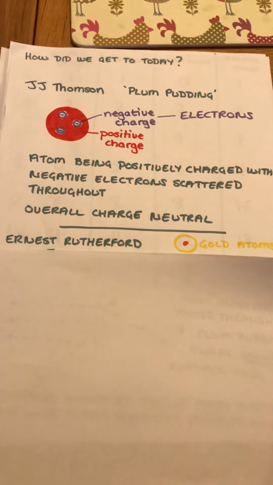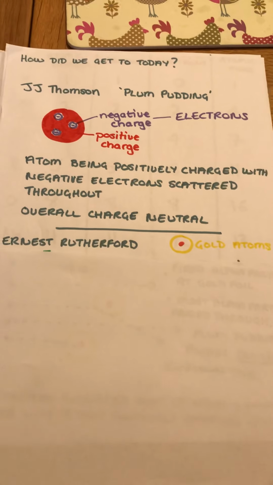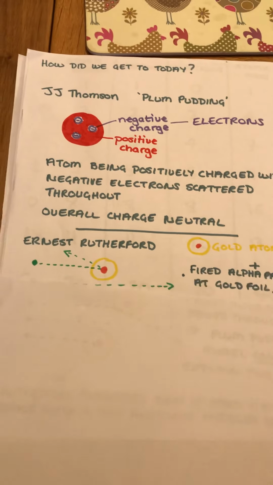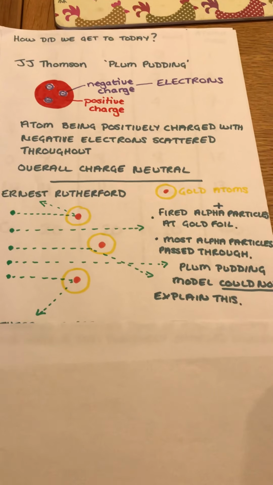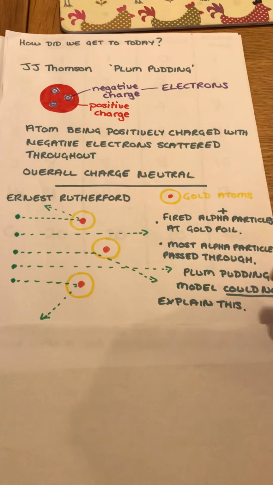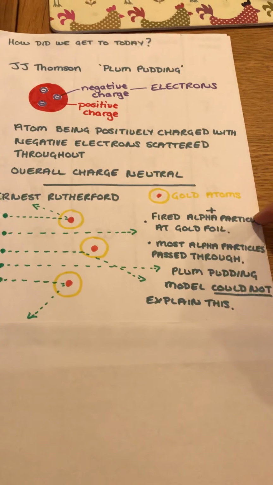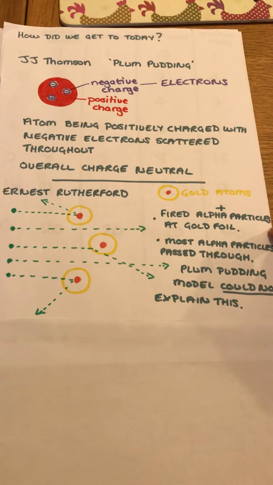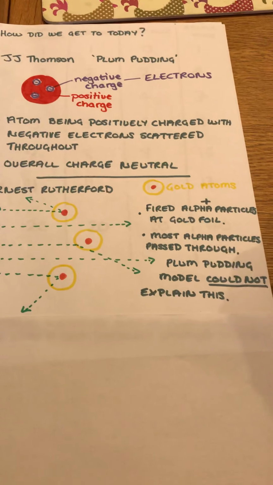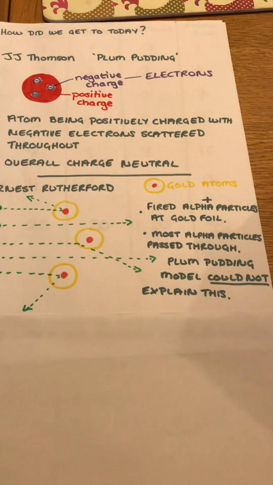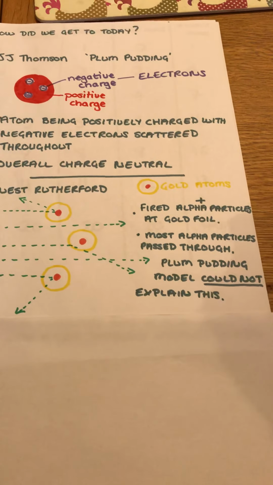And he asked his postdocs to run an experiment. This is what he asked them to do. He asked them to fire alpha particles. Now, alpha particles, which we're going to learn about later, are just the nuclei of a helium atom. So it's just the protons and neutrons of a helium atom.